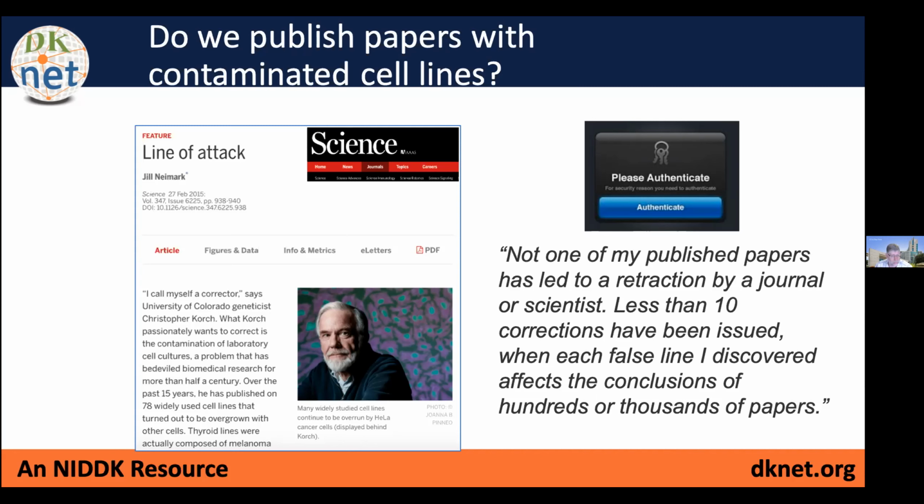Now, in certain cases, depending on the study and the cell line used, the issues may not affect the research being done, but it is still something that has to be looked at closely. And if someone is using a problematic cell line, they really need to describe why it is not problematic for the research being done.